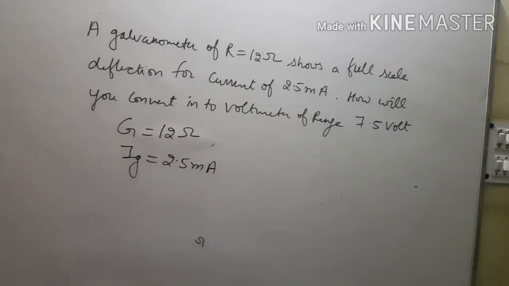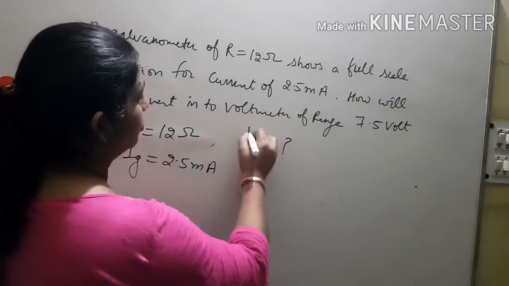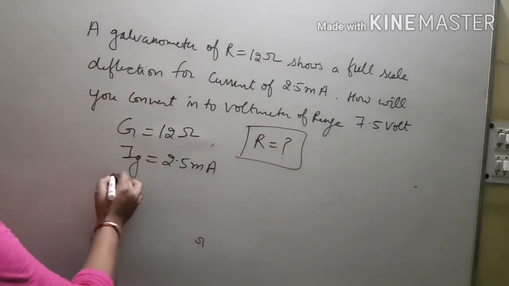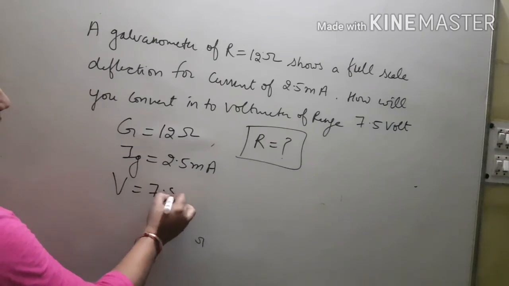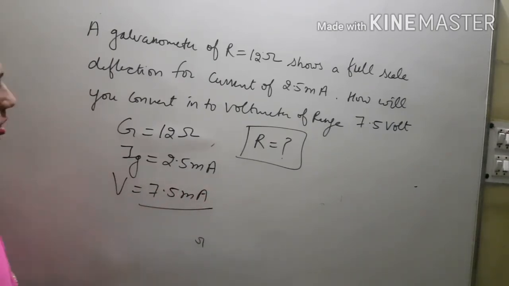How will you convert the galvanometer into a voltmeter? By connecting a resistance in series with the galvanometer. It means we have to find the value of that resistance. And the range of this, that is the maximum limit of the voltmeter, is 7.5 volt.